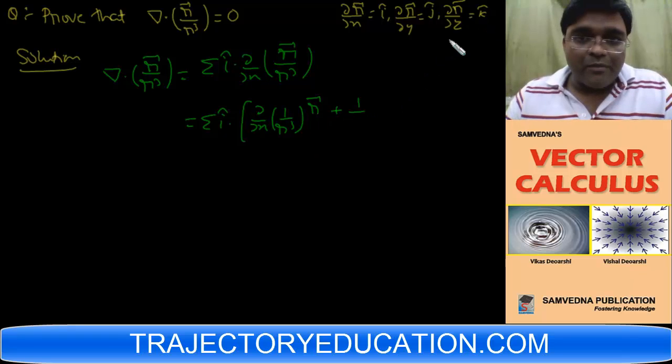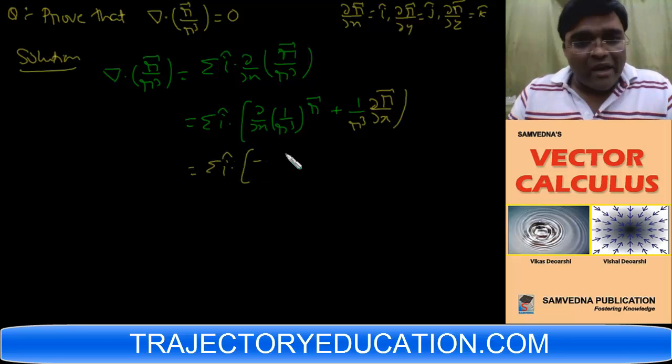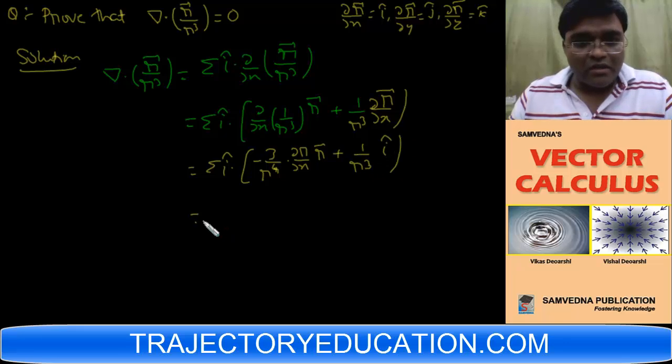Remember this also. It will help you. So you see 1 upon r cube, and dou r by dou x of 1 upon r cube gives minus 3 upon r to the 4 times dou r by dou x, times r vector, plus 1 upon r cube times i vector, in a bigger bracket.